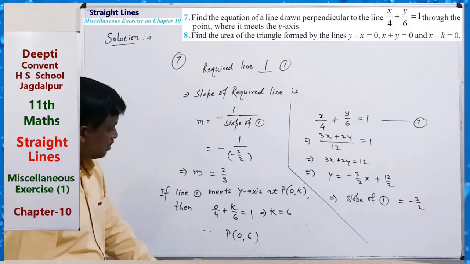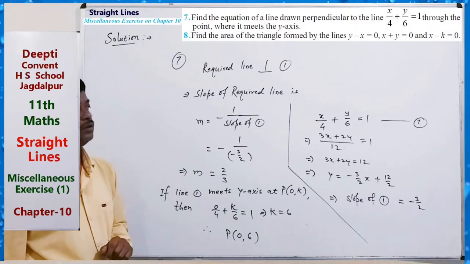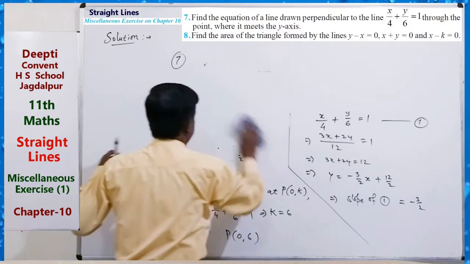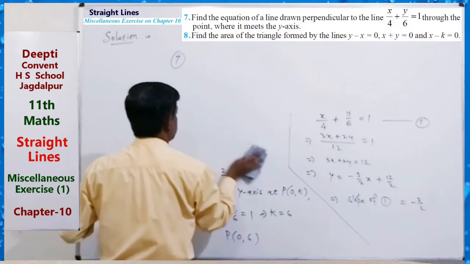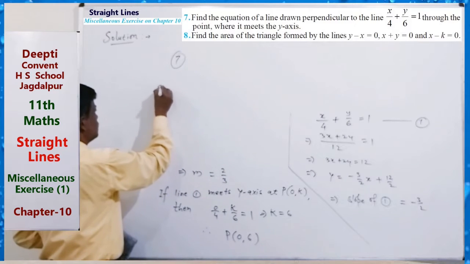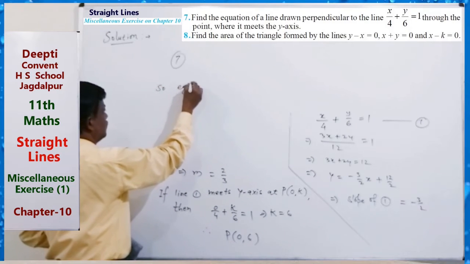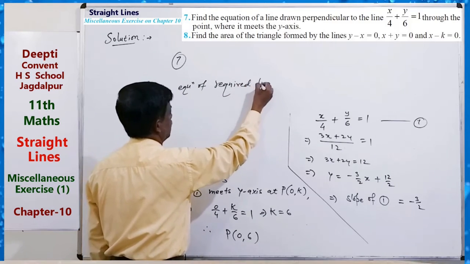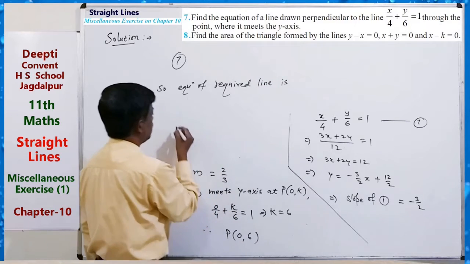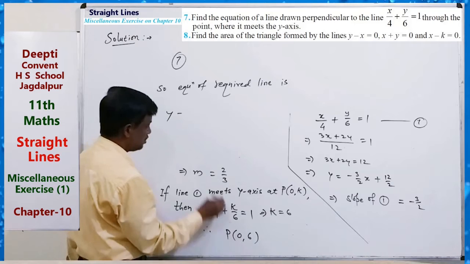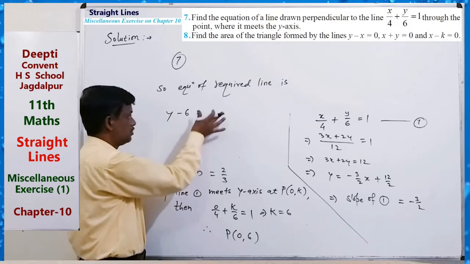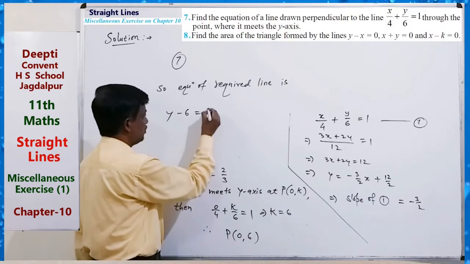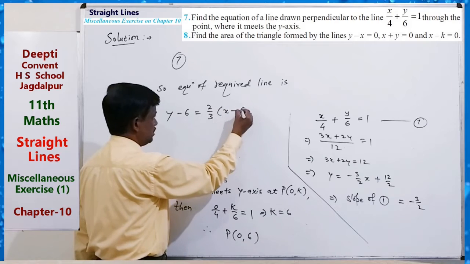Now our required line passes through this point and has this slope. So the equation of the required line is y minus y1 equals m times x minus x1, that is y minus 6 equals 2 by 3 times x minus 0.